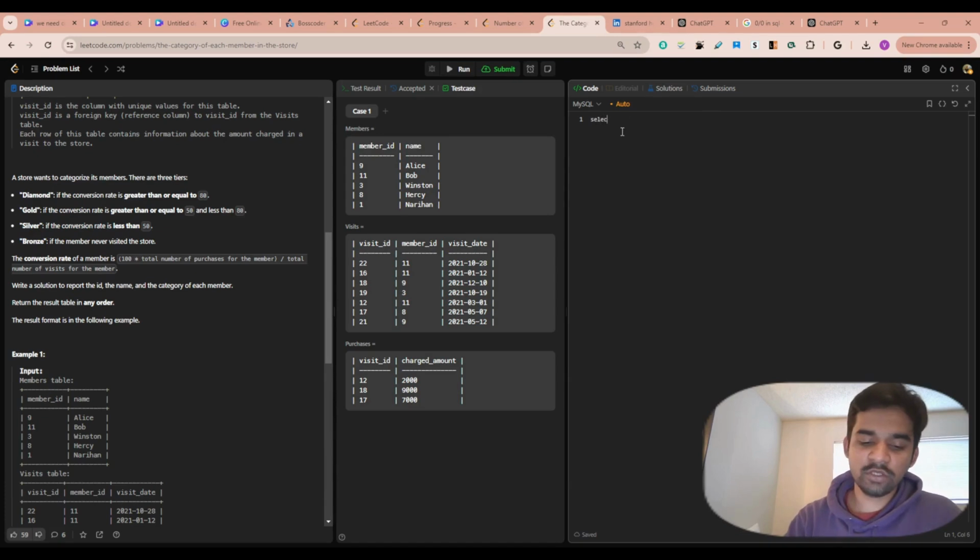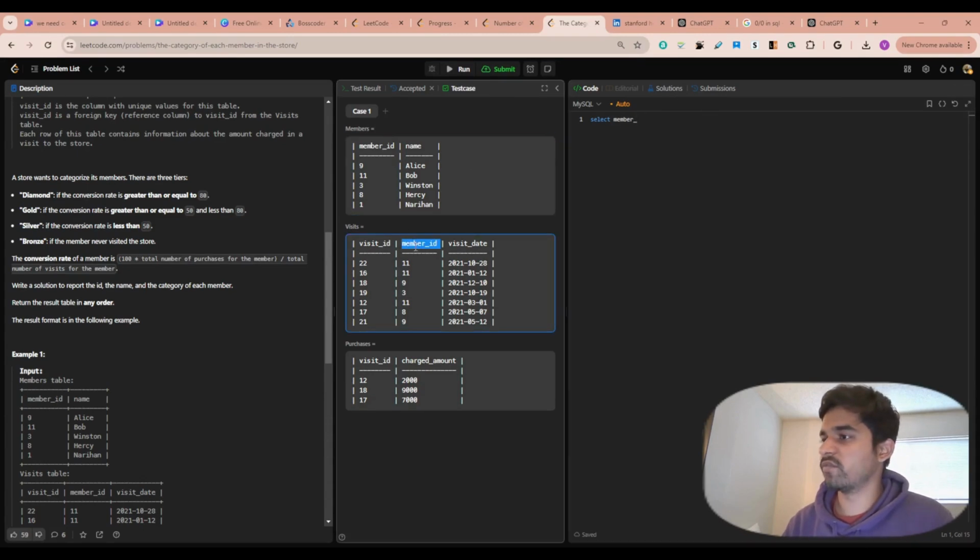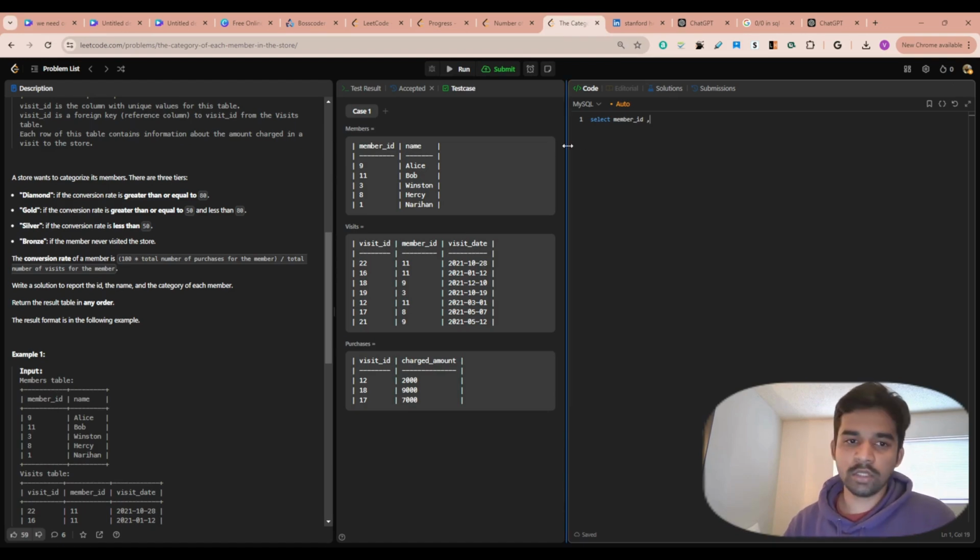The first step is, of course, selecting the member ID from the visits table, comma, then the count.